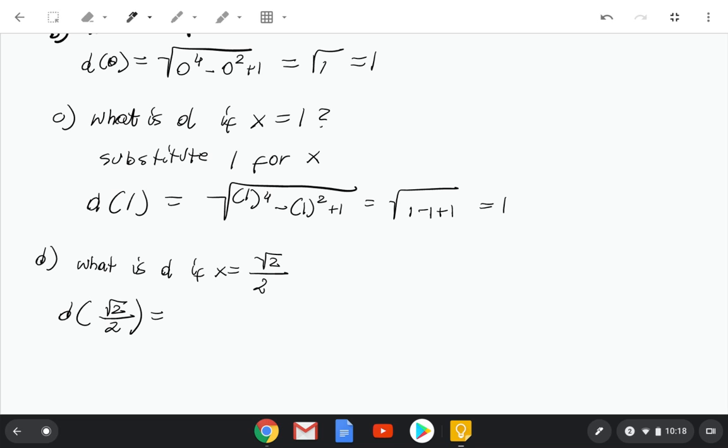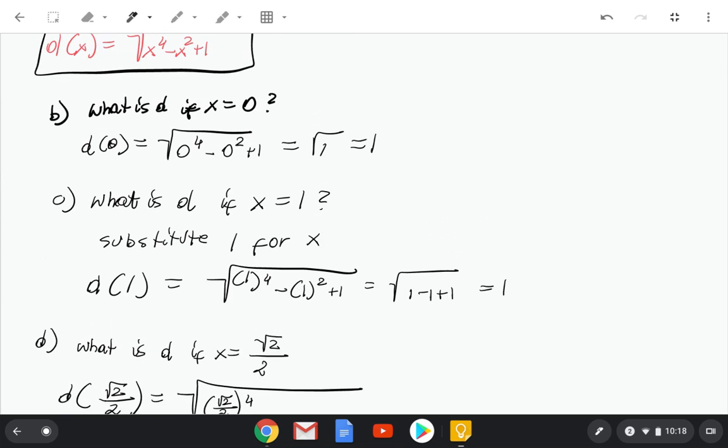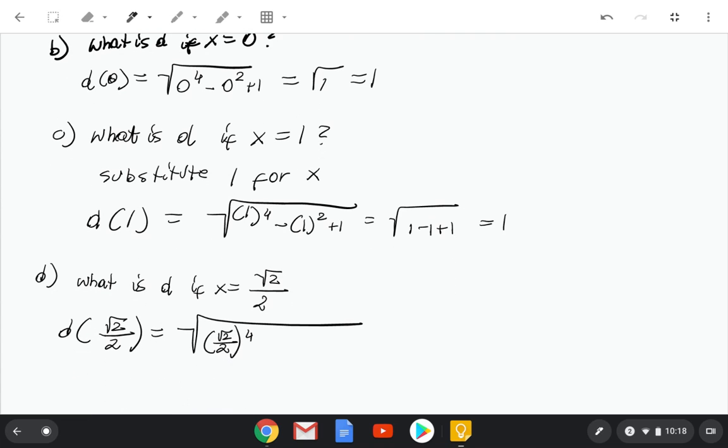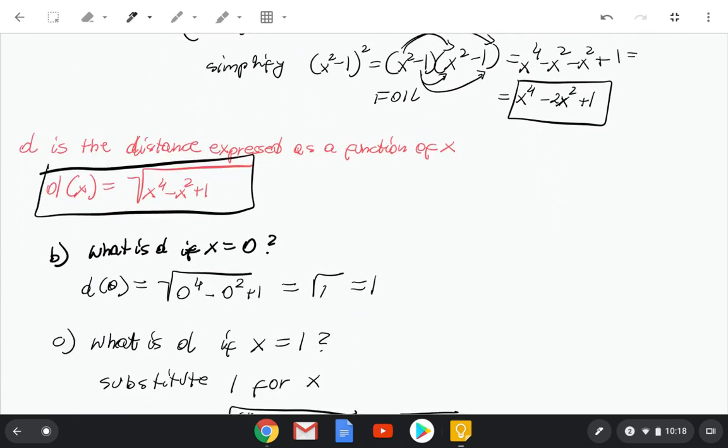Here you have a little more calculations. We have square root of 2 over 2 to the 4 power. Don't forget that this is our formula, x to the 4 minus x squared plus 1. So minus x squared, so radical of 2 over 2 to a second power, and plus 1.